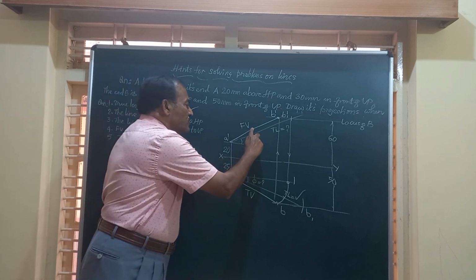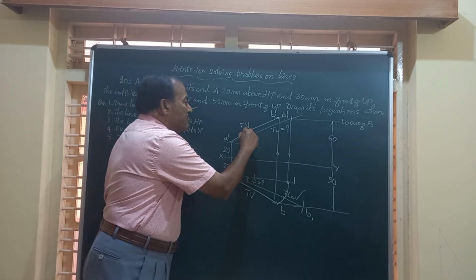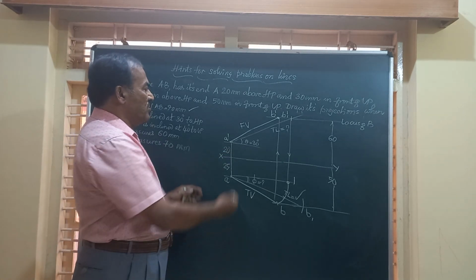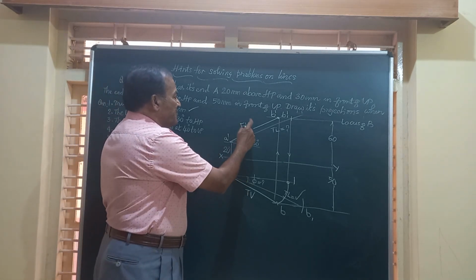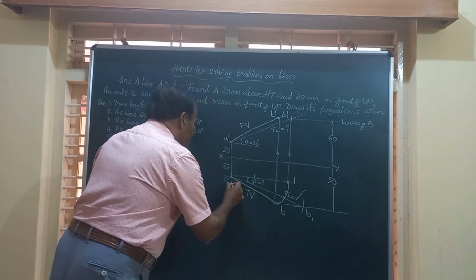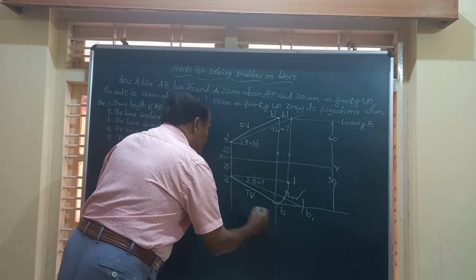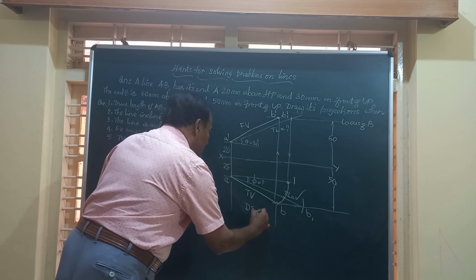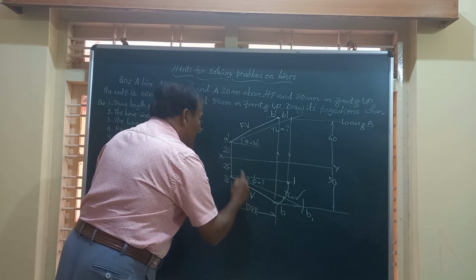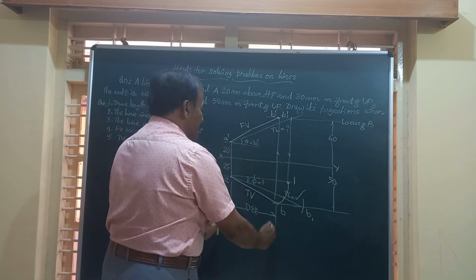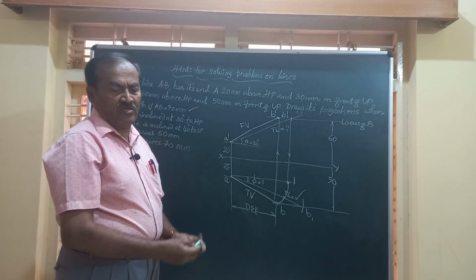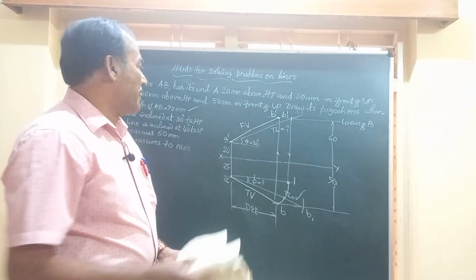If you want, you can also measure the angle made by the front view with the HP. Friends, you have got all the data. You have got the front view and the top view, and here you may be asked to find out the DEP. DEP means the distance between the end projectors measured parallel to XY. That is the distance between these two. So this is how we can solve the second problem.